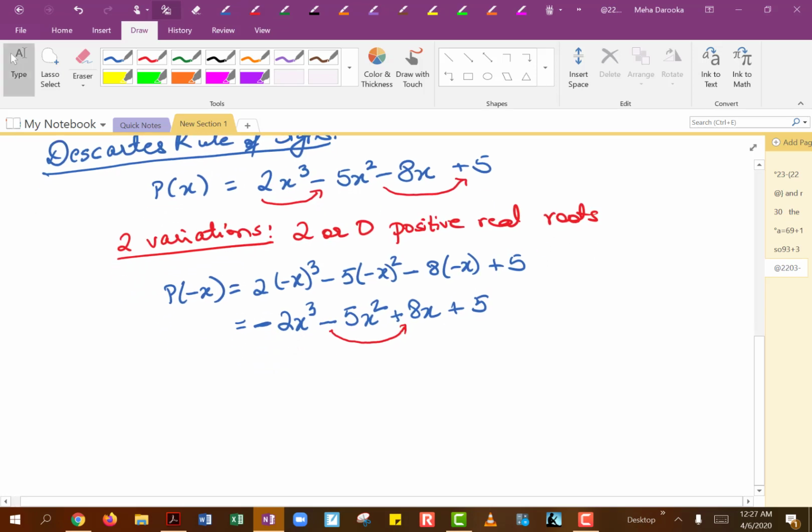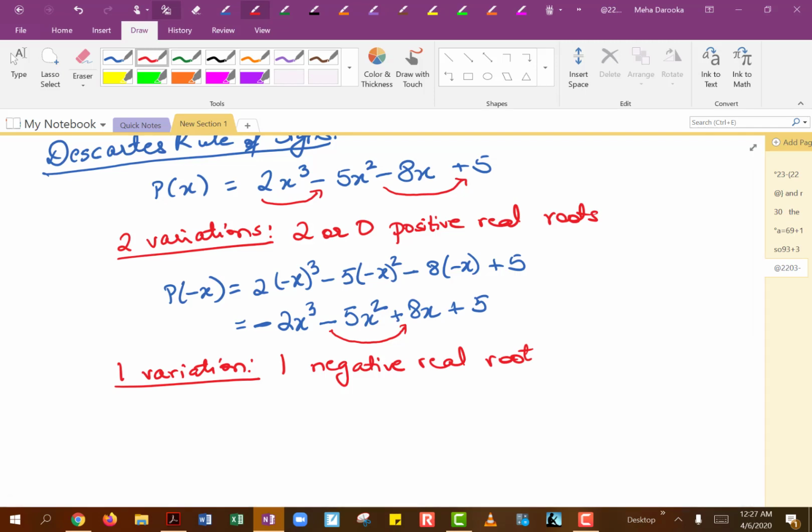So that means we will actually only have one variation here. And that's a good sign, because if you have only one variation, that means you will definitely have exactly one negative real root. And then we can potentially have 2 positive or 0 positive real roots.